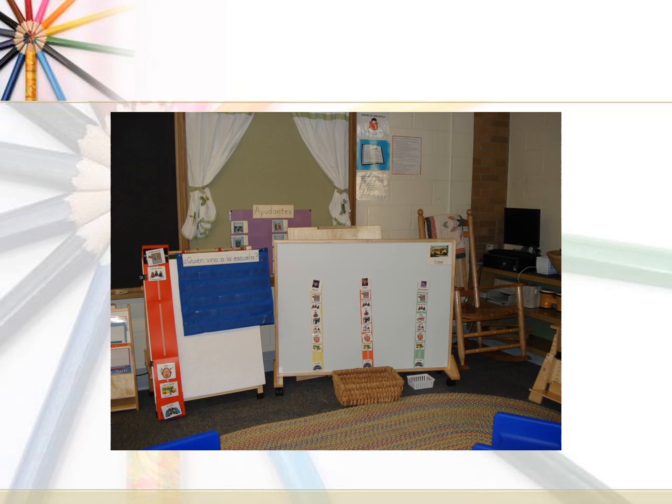They were taught which schedule was theirs. They would go up to the schedule, they would take off the picture that is done, place it in the basket, and then they would check what is next. So again, not everybody can just use that big class schedule. Some children need some extra visual supports.